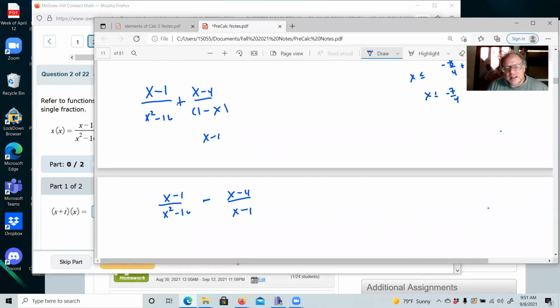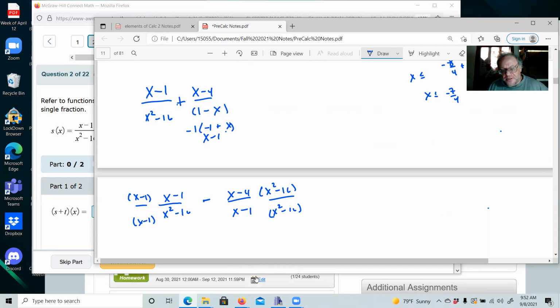What I did is factor a negative 1 out here and then swap the sign. So instead of a plus, we're going to have a minus, but it doesn't matter where you write the minus 1. So this is x squared minus 16, and it's going to be x minus 1, x minus 1.